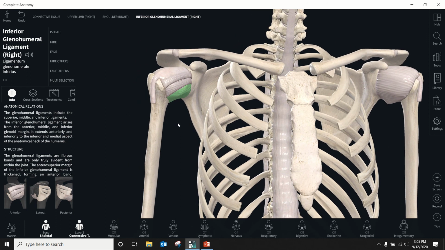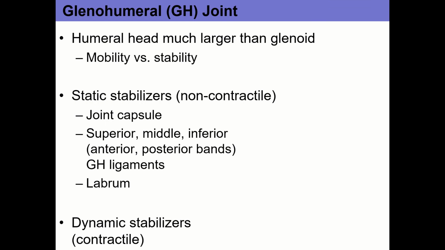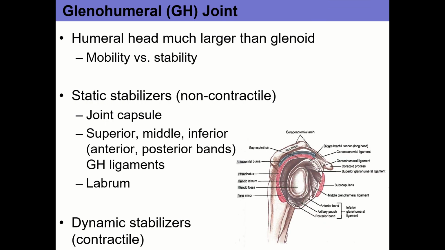In addition to those, we've got our dynamic stabilizers. I'm going to use the slideshow because life's easier than messing with all the muscle layers. What you're looking at here is the glenoid, obviously. The glenoid is here. The right side is the anterior part of the diagram, the left side is the posterior part. We've got our rotator cuff muscles you can see here.